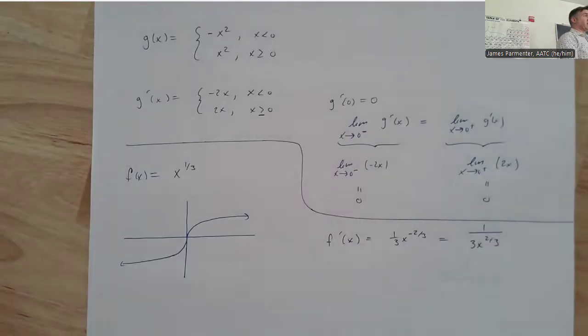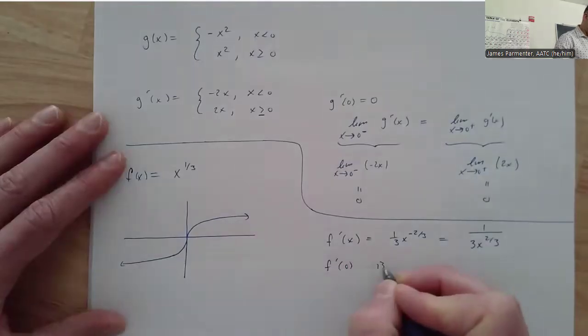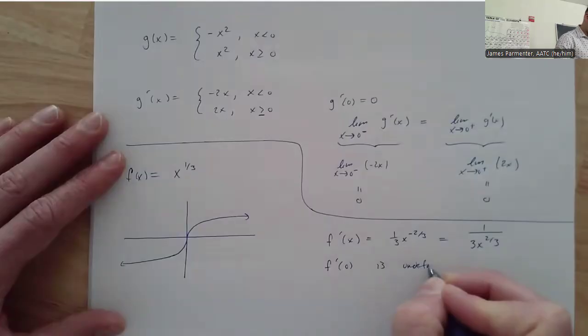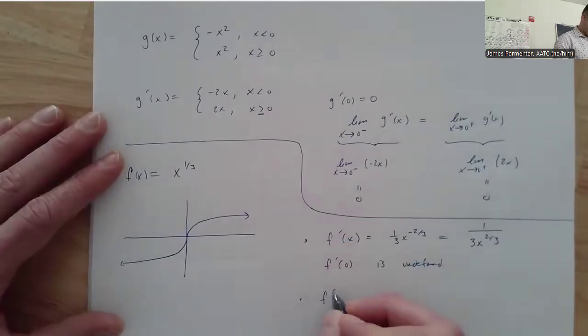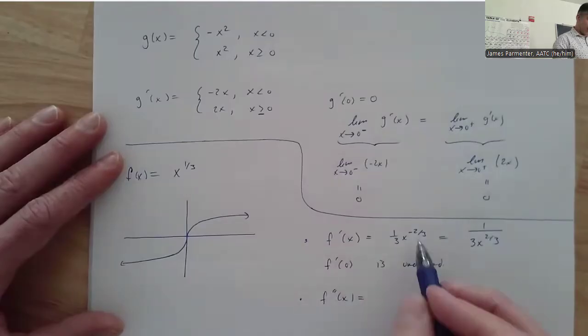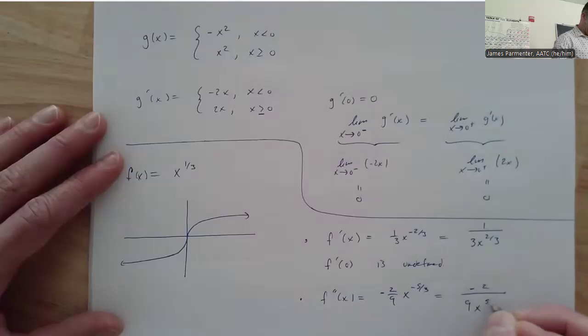Certainly not defined at 0, right? f prime of 0 is undefined. Our second derivative, f double prime of x, if I take the derivative of this, it's going to be 1/3 times negative 2/3, which is negative 2/9 times x to the negative 5/3, or I might prefer negative 2 over 9 times x to the positive 5/3.